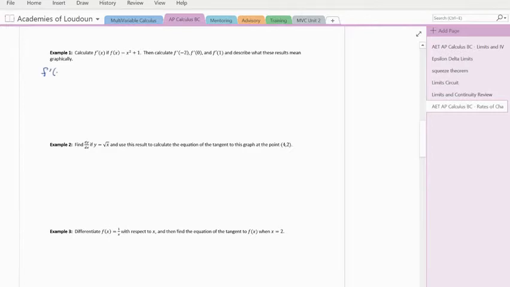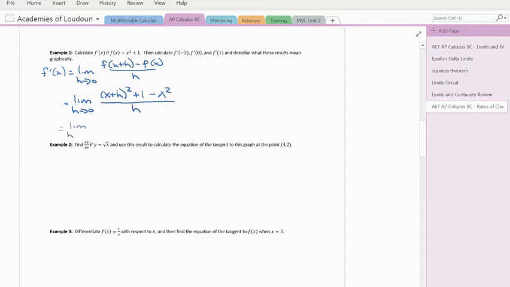So we know that f prime of x is going to be the limit as h approaches 0 of f of x plus h minus f of x, all over h. So that's the limit as h approaches 0 of (x plus h) quantity squared plus 1 minus (x squared plus 1), all over h.